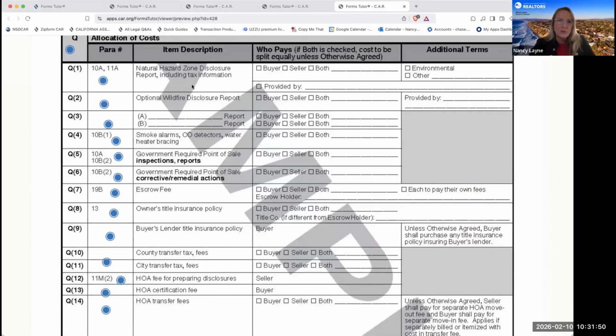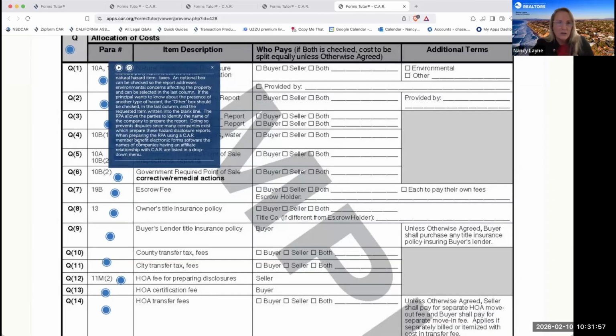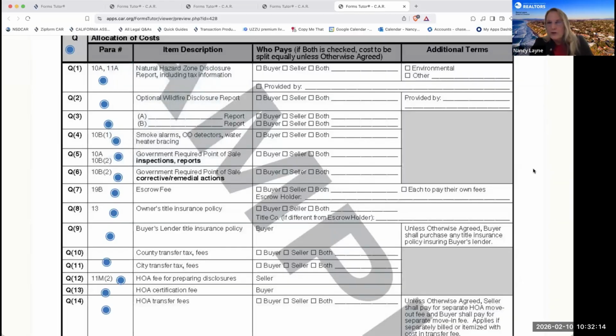Natural hazard zone disclosure report. There's been a lot of confusion about a secondary report, and it talks about it actually in this section as well, which is the secondary, the other box, right? So you can include things that are in a drop-down menu that companies that are affiliated with CAR can provide, or if you have your names that you work with as well.